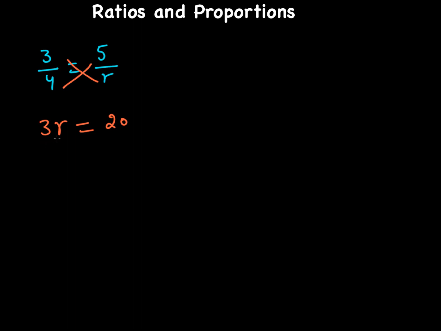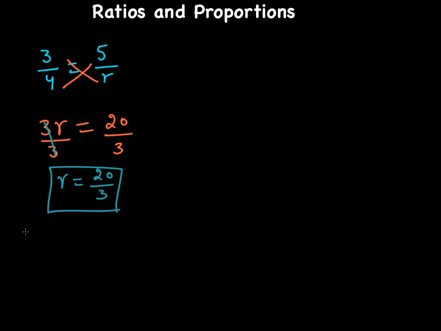Because I just want the value of r, I want to get rid of this 3, so I'm going to divide both sides by 3. This 3 will cancel out, so I'm left with r is equal to 20 over 3. They can ask different kinds of problems, but the rule is the same. You're gonna use the same rule to solve it.